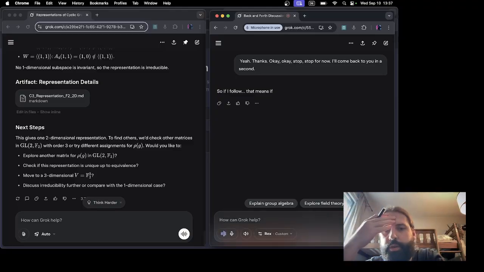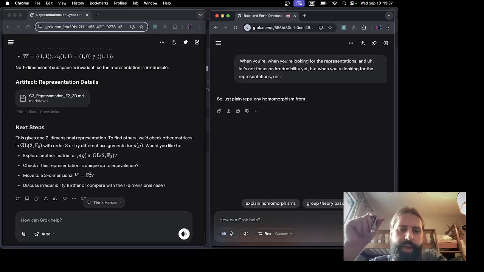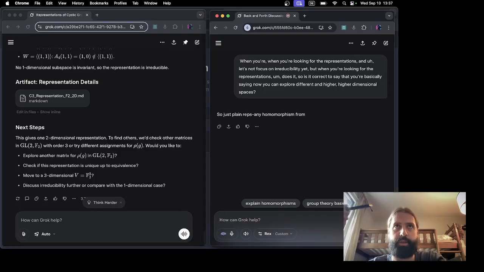When you're looking for the representations, and let's not focus on irreducibility yet, is it correct to say that you can explore different and higher dimensional vector spaces over the field, and at the same time play with multiple assignments within each?